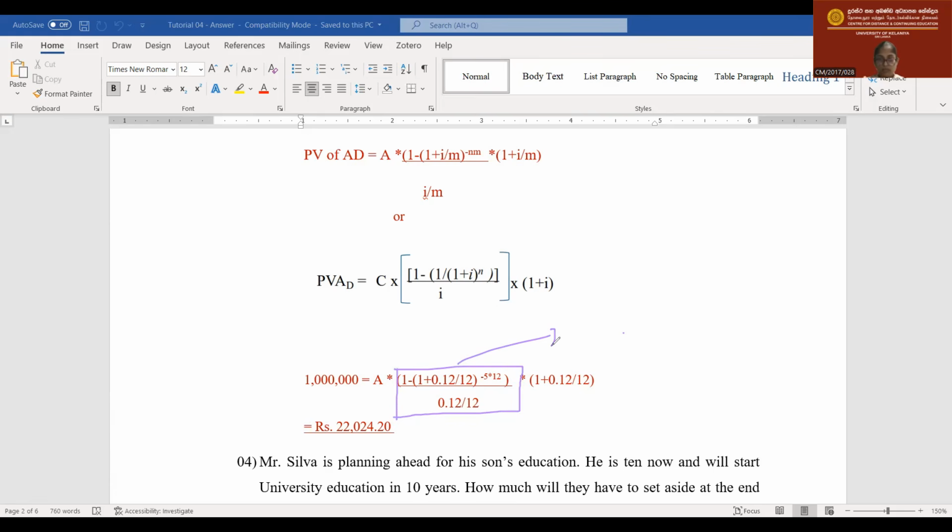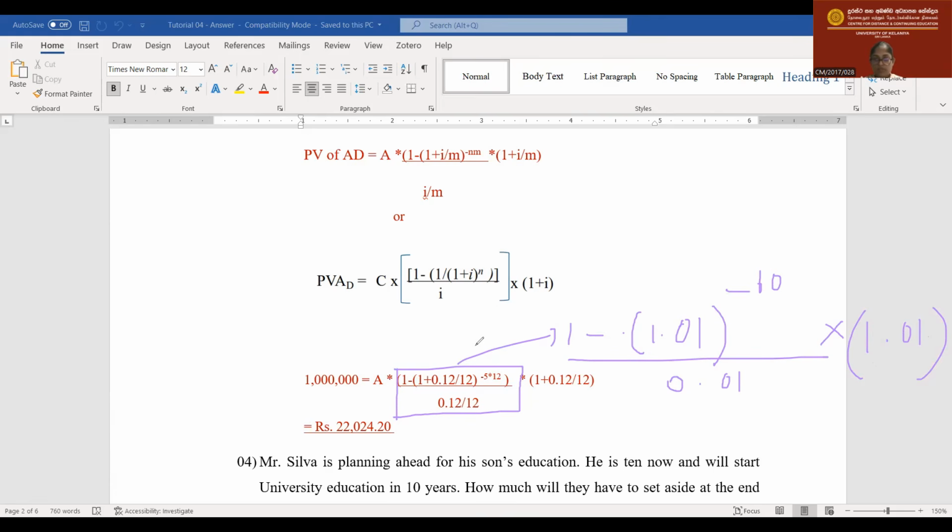With 1.01 there, press the hat sign, the power sign, minus 60.